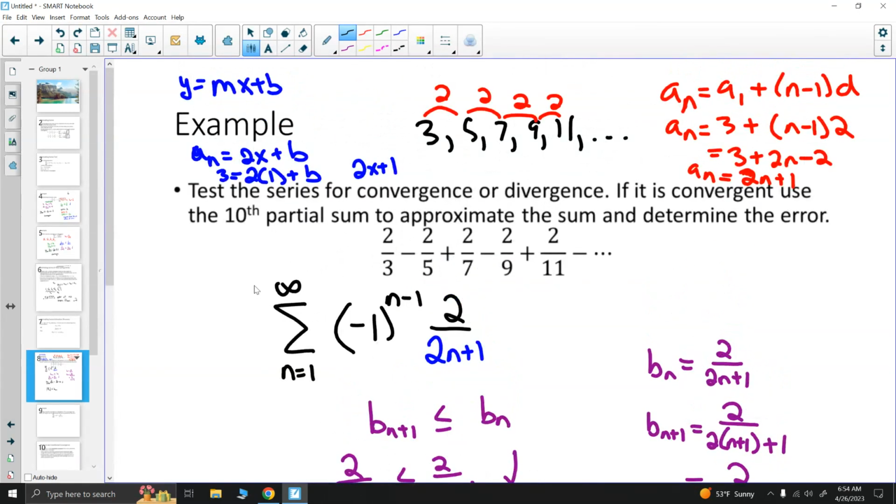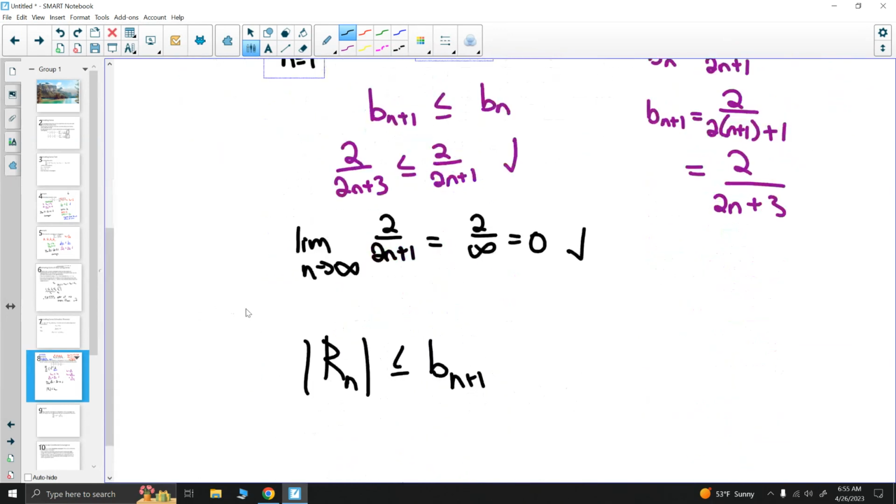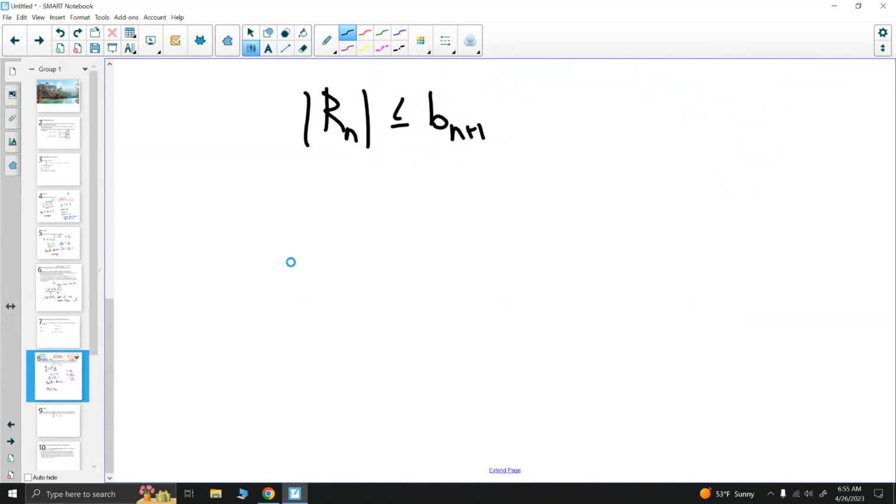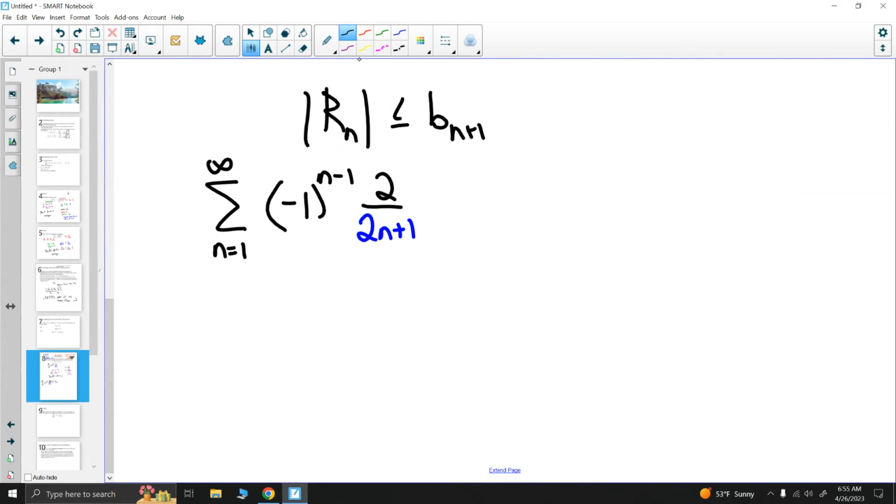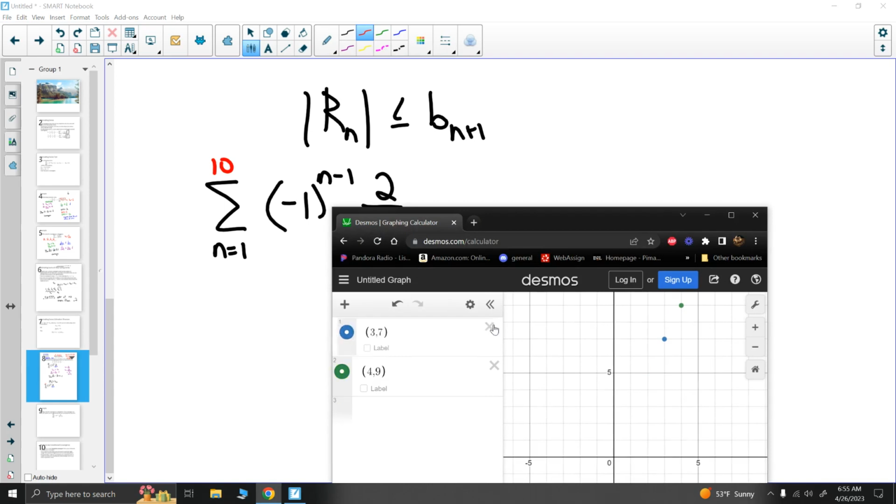So we want to find the 10th partial sum. So we're going to use this thing, but we're going to do it for 10. So n equals 1 to 10. So we're going to go over to Desmos for this.